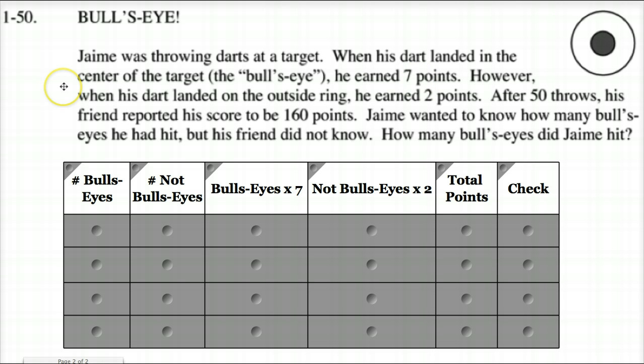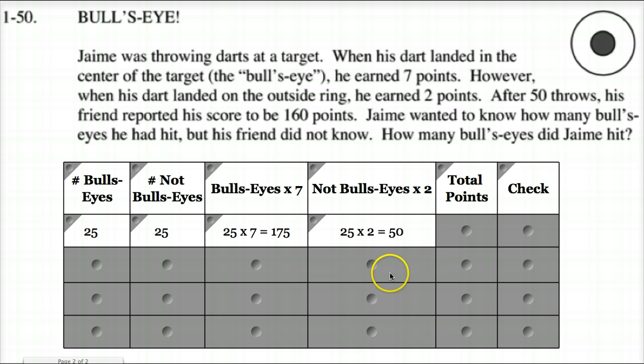The way I would do this normally, I have 50 throws, so some are bullseyes and some are not. In my first guess, I said let's say I have 25 bullseyes, which means 25 that are not bullseyes. 25 times 7 is 175, and 25 times 2 is 50. Added together, I get 225 points.